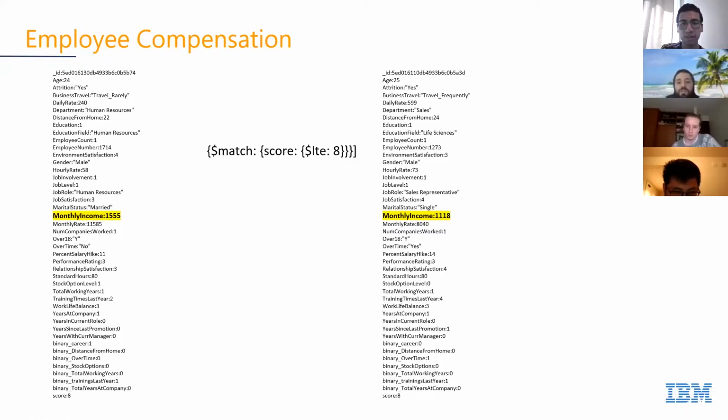The second one, the one with 1,118, is getting paid a little bit too much, but he's very close to the minimum range. On the other side, the first one is getting paid way too much. According to our model and assumptions, this employee should be paid less than he is right now. Thank you very much.